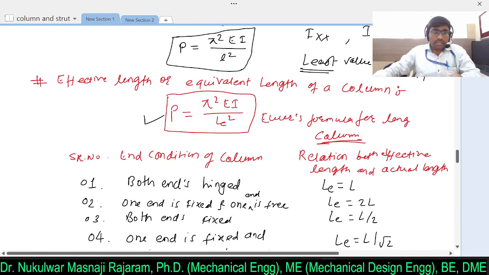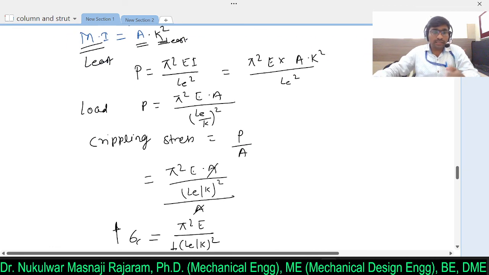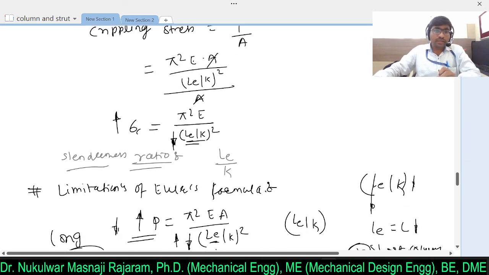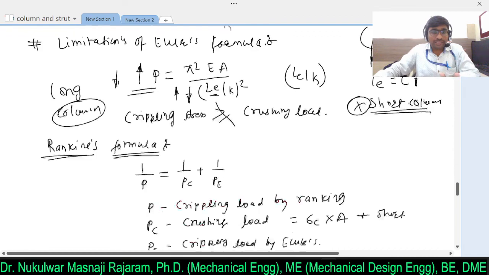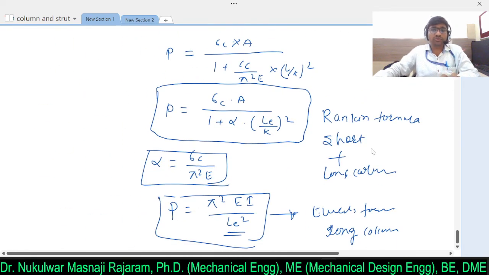Then we learned the effective or equivalent length for a column when both ends are hinged, one end is fixed and one end is free, both ends are fixed, one end is fixed and the other is hinged. For that purpose we evaluated the different effective lengths, and then we learned the critical stress, what the slenderness ratio is, and then we evaluated Rankine's formula, which is used for long columns as well as for short columns.